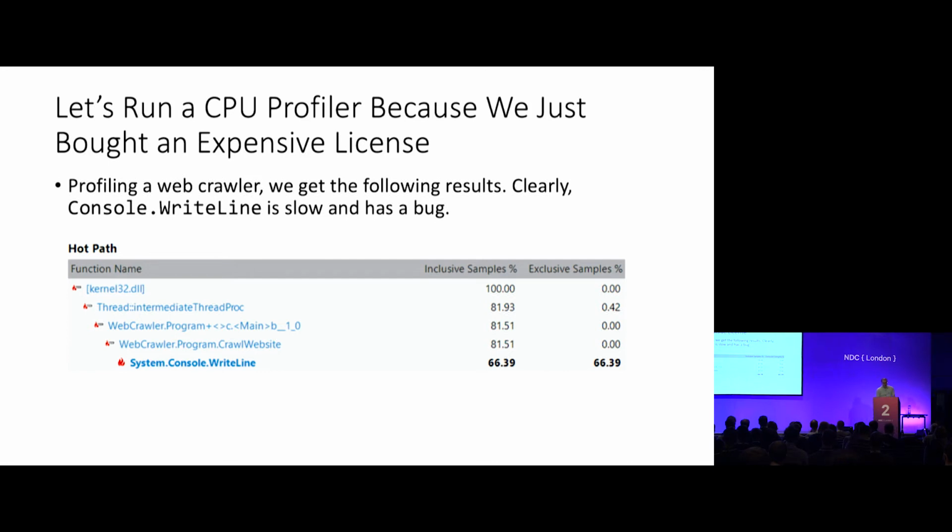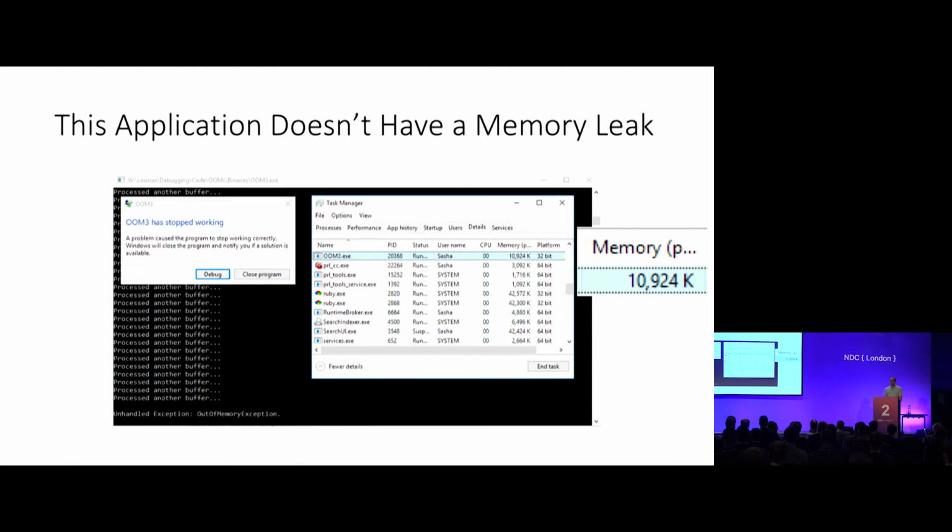Another example of this is not trusting your tools, or maybe misunderstanding your tools. This is a really simple example of a console application I wrote, which runs for 2 seconds and then throws an out-of-memory exception. But then you look in Task Manager, at the memory column, and it says the application is only using about 10 megabytes of memory.